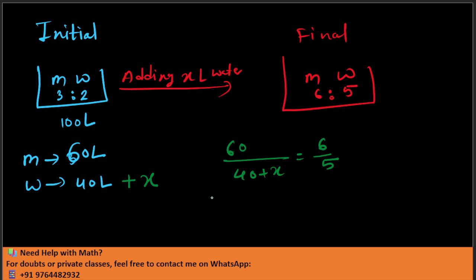Now take the cross multiplication, it will be 300 equals 40 multiplied by 6, which is 240, plus 6x. If you take this 240 to this side, it will be 60. So 60 is equal to 6x, so x is equal to 10 liter.